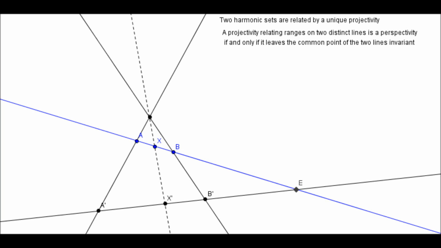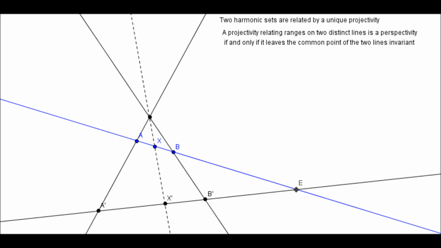The other corollary I want to mention is that if you have a projectivity that relates the ranges on two distinct lines, in other words, it sends points on one line to points on another line, well, that's going to be a perspectivity if and only if the common point of those two lines is invariant.